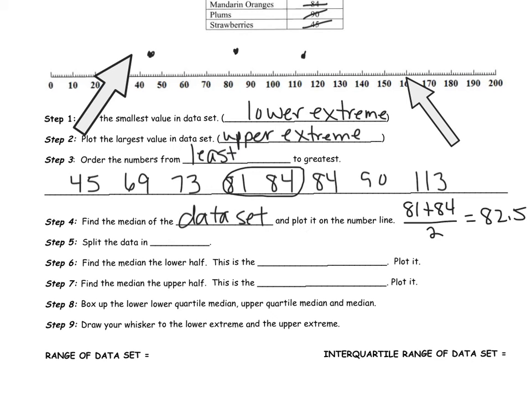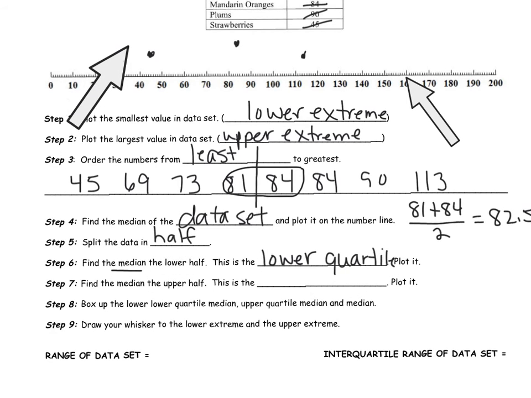Now the next thing says, split the data in half. When I do that, I have two sets, a lower half and an upper half. I'm going to find the median of the lower half, and this will be my lower quartile. In other words, where my box starts, and my whisker at the other end.